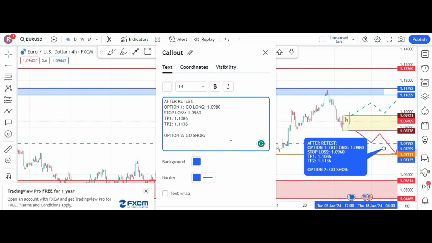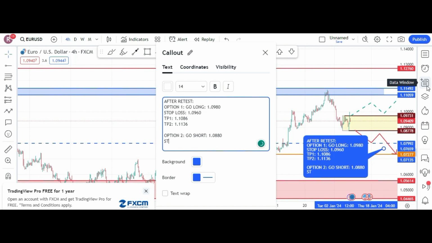Go short 1.0880. Stop loss will be 1.0895. I think that will be pretty clear. No, we need more. Let's put it at 90.